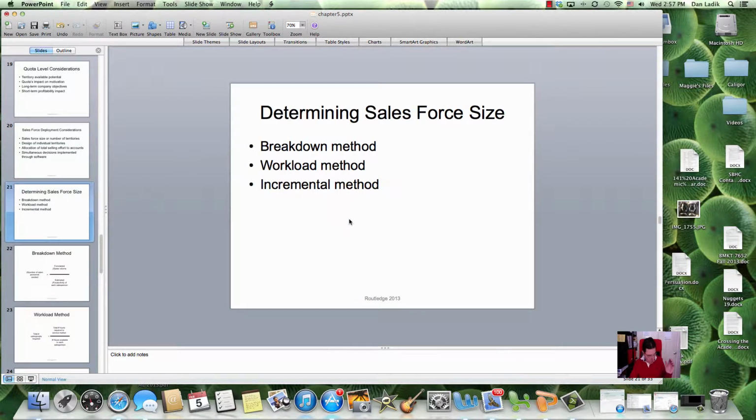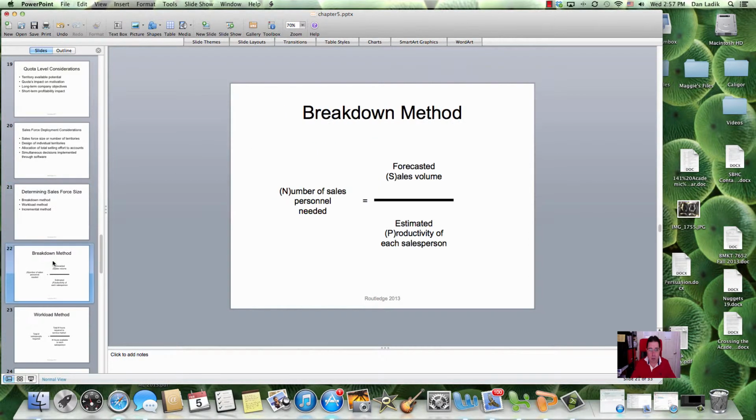So we're on page 160, 161. We're looking at how do we determine sales force size. There's no one great method, but there's a couple good ones that were highlighted in the book, which I'll briefly touch on. If we look at the breakdown method, how many salespeople do we need?